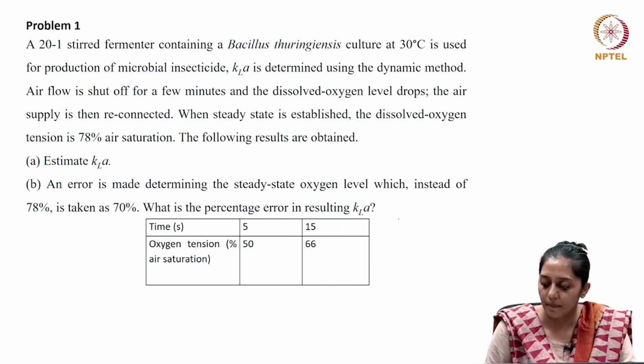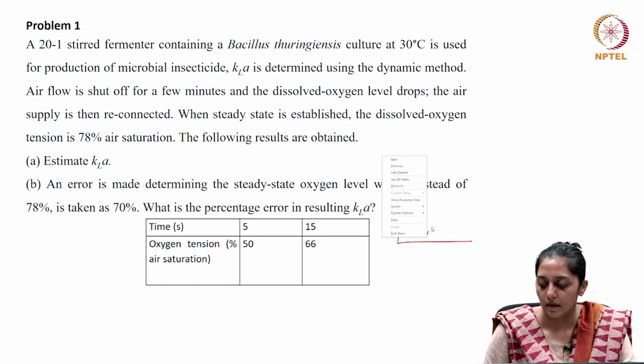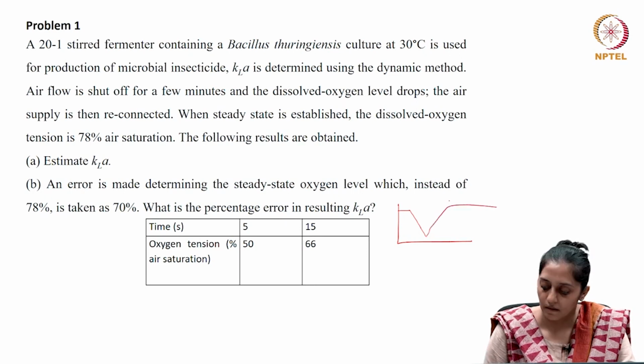So if you remember, the profile for the dynamic method was that at a certain time point the airflow is shut off, it falls down, and then before it reaches below the critical concentration of oxygen, the airflow is again resumed. And the concentration of oxygen in the bulk is measured with respect to time.